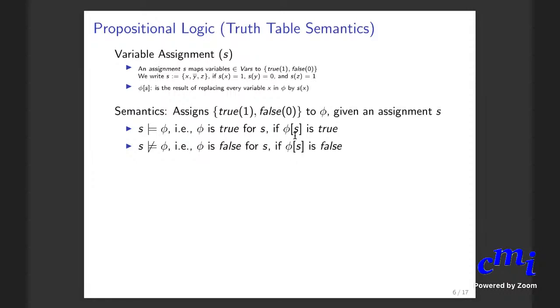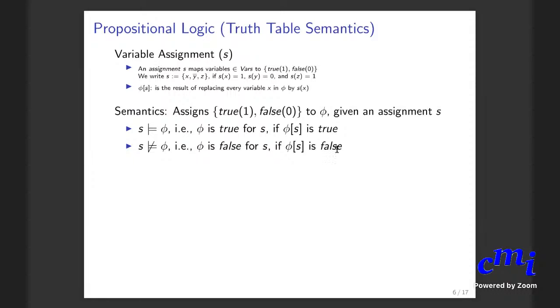So you simply say, if phi of s is true, using the previous set of rules, this is equivalent to substituting 1 and 0 for the various variables as per the variable assignment, and then using the semantic rules of the logical connectives to simplify to either true or false.